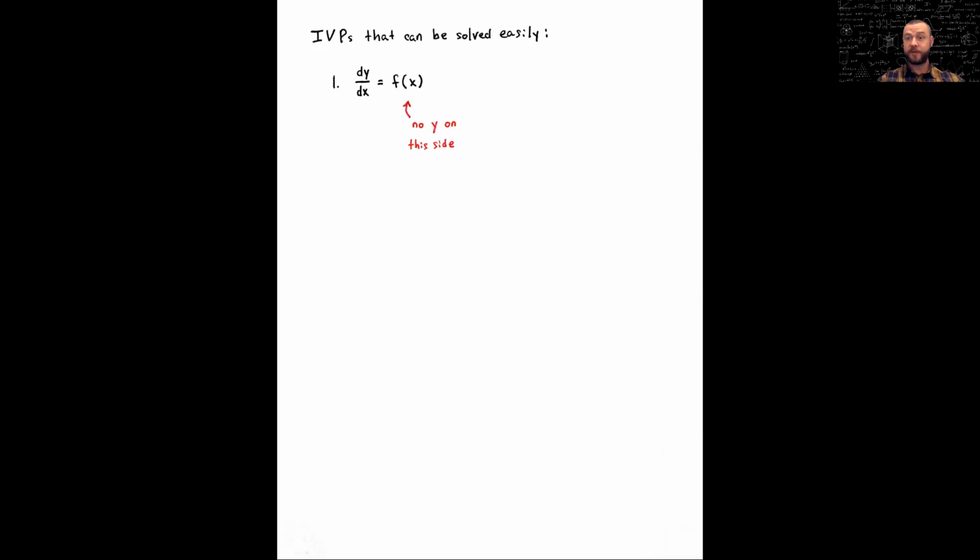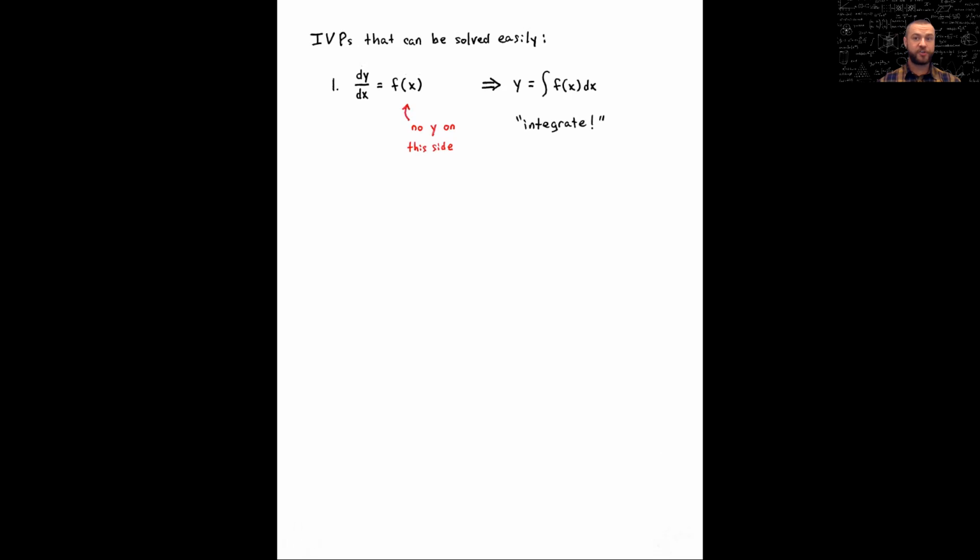How do you undo a derivative? Integrate. So if you just integrate both sides, integrating will cancel the derivative, giving you y on the left, and we just have to integrate the function f of x on the right side. So conceptually, this type of differential equation is very simple to solve.